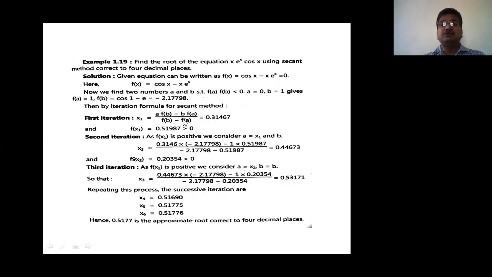The value is positive, and therefore at a the value is positive, at b the value is negative, and the root lies between 0.31467 and b. So perform the second iteration, and the third iteration.